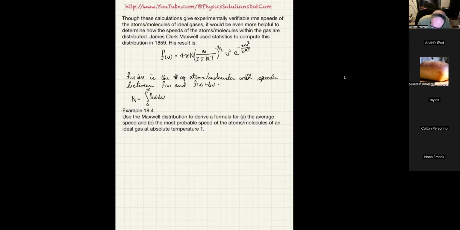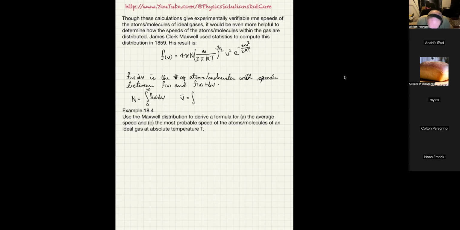Another thing that might be handy is the average velocity. And when you're actually using calculus to determine the average velocity or average anything, you multiply the thing that you're trying to find the average of by the probability density.